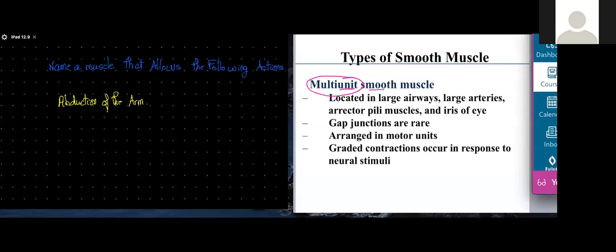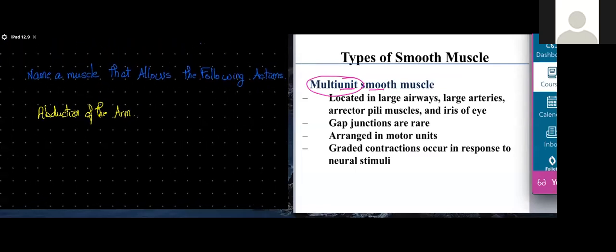Please name a muscle that allows the following actions. First one is abduction of the arm. Second is elevation of the shoulder.